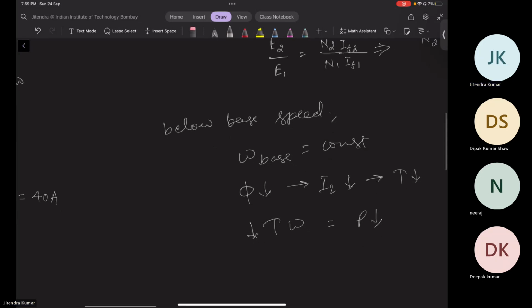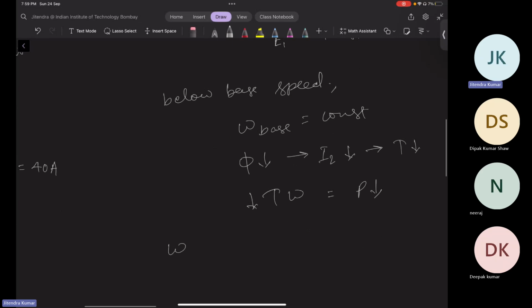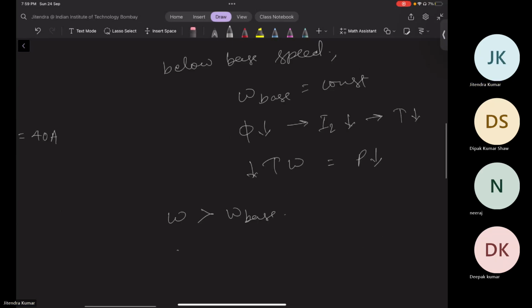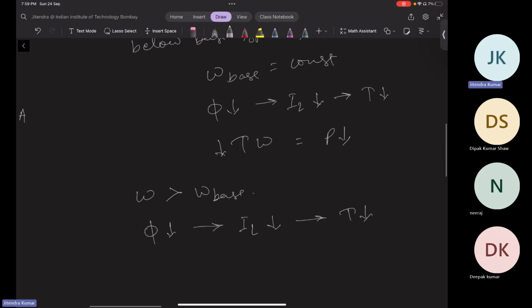Another way is, if the speed is higher than base speed, you are reducing flux, which will lead to reduction in line current, which will reduce your torque, but your speed has been increased.